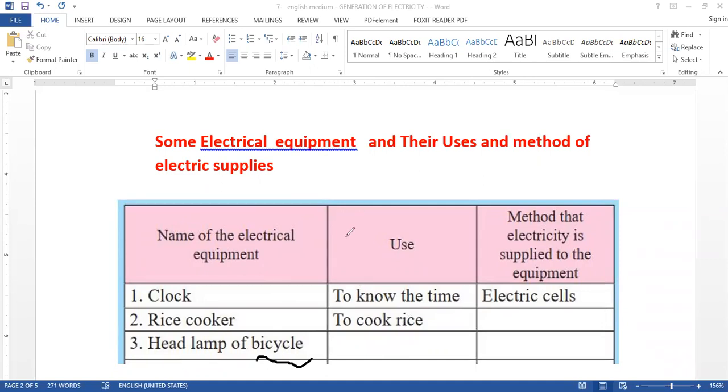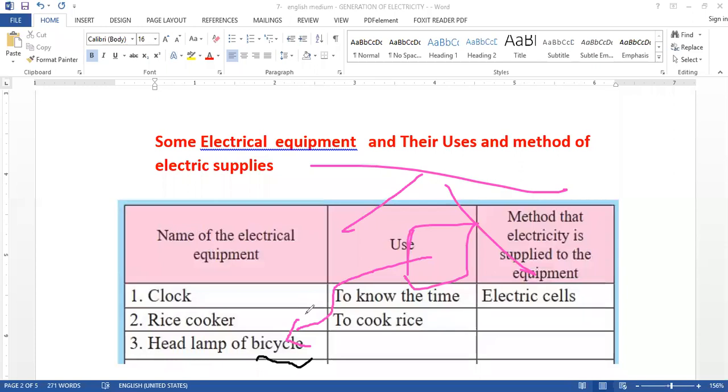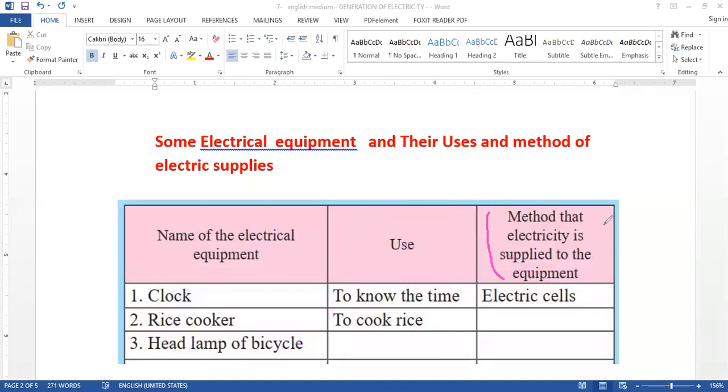You know, in a motorbike there is a battery. Do you know? Battery or cell, the motorbike cell gives the current to the headlamp. So look, the current is given by different sources or equipment, like an electric cell or home current. Or sometimes, if there is no current in your home, a power cut, what will you do?